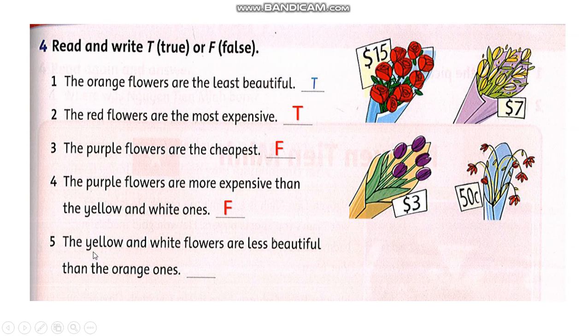Number 5. The yellow and white flowers are less beautiful than the orange one. Look at the yellow and white flower here. Are they less beautiful than the orange one? No, they are not. So the sentence is wrong.